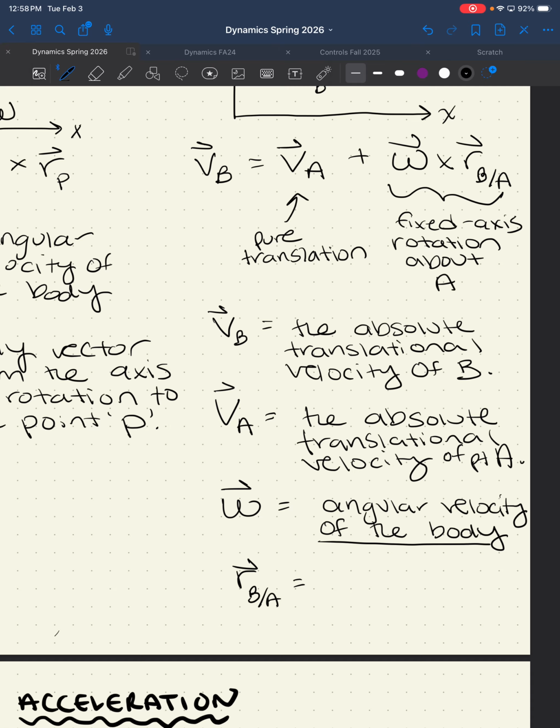Position. Okay, so we say this is the position vector from A to B, or of B with respect to A.